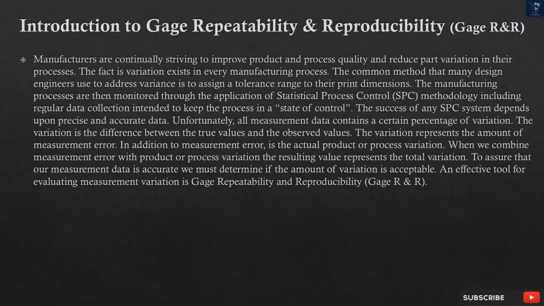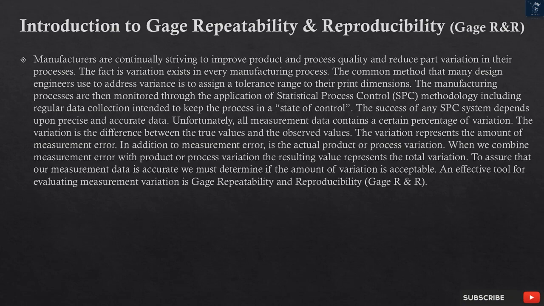The success of any SPC system depends upon precise and accurate data. Unfortunately, all measurement data contains a certain percentage of variation. The variation is the difference between the true values and the observed values. The variation represents the amount of measurement error. In addition to measurement error, there is the actual product or process variation.